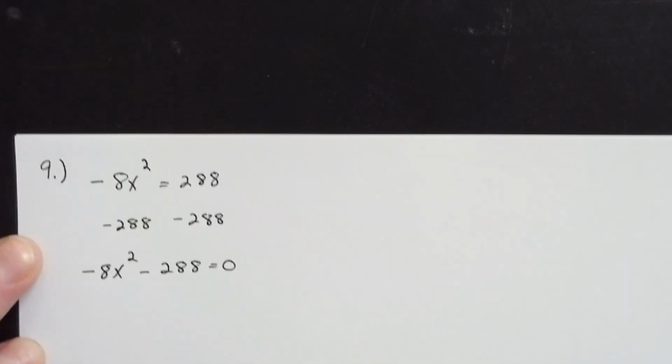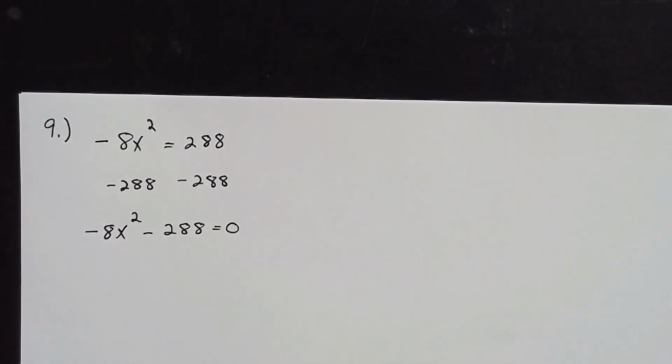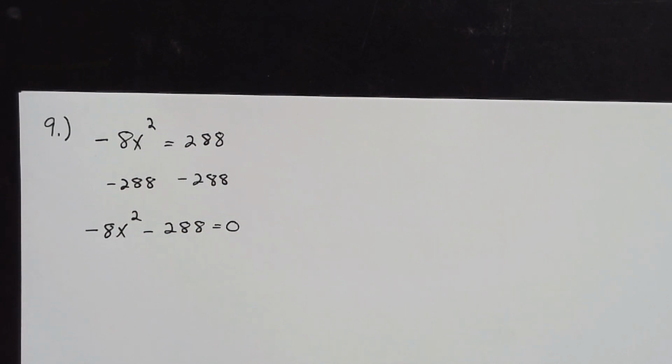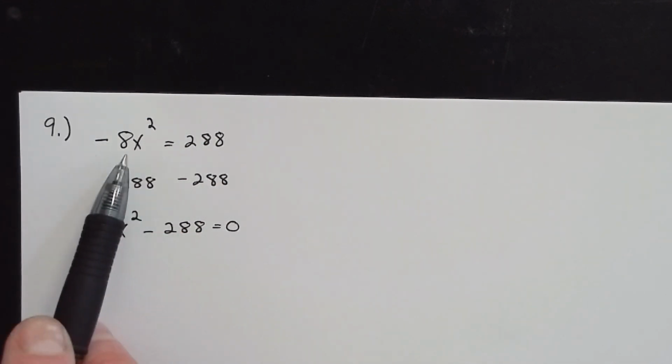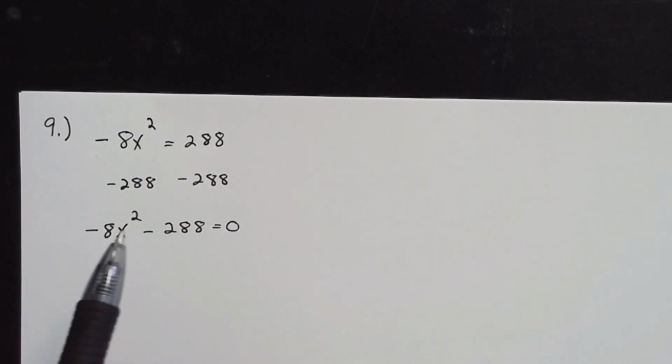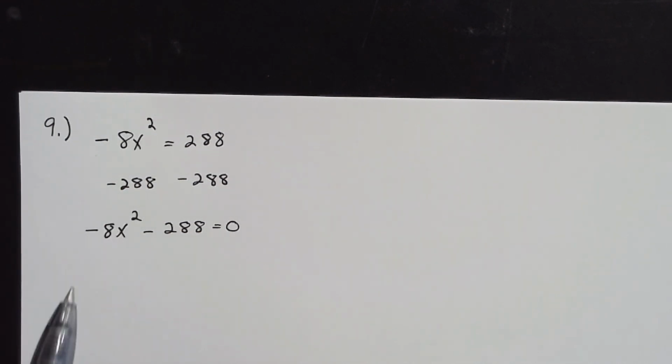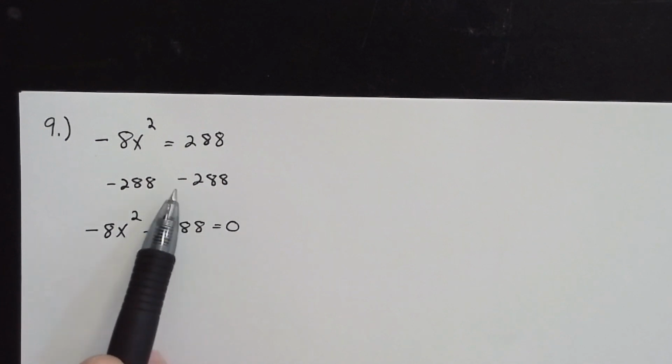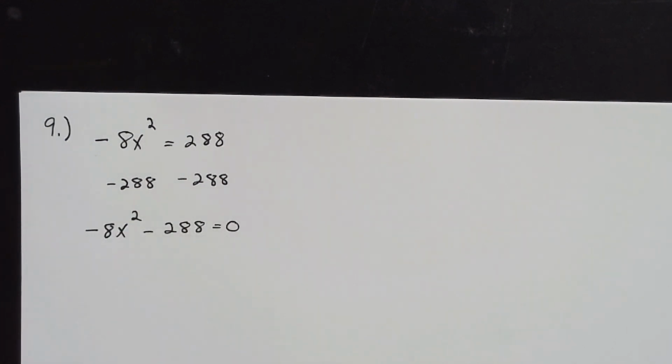Now, I just want to make a comment that in math, it's extremely important to distinguish between the objective and how to accomplish the objective. The objective is to put this into general form. That's the first step in the algorithm. Now, how we do that is by subtracting negative 288 from both sides.